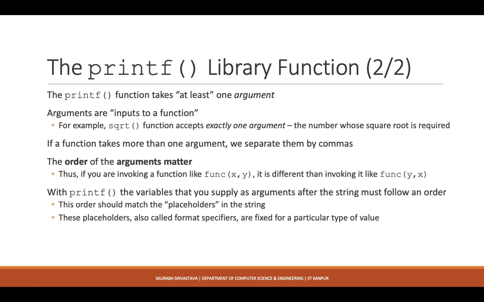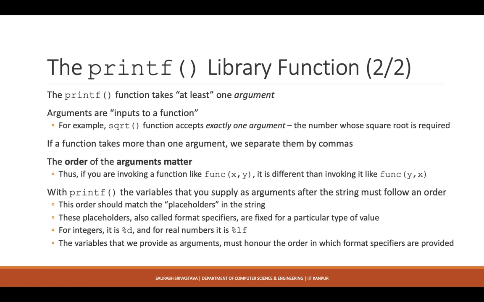So if I write %d %d %d %lf %lf, there are 5 placeholders. The first 3 are %d, so the first 3 arguments after the string should be integers. And then there are 2 %lfs, so the next 2 arguments must be floats.